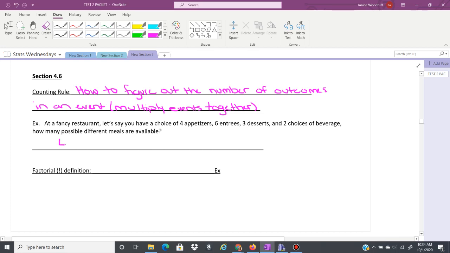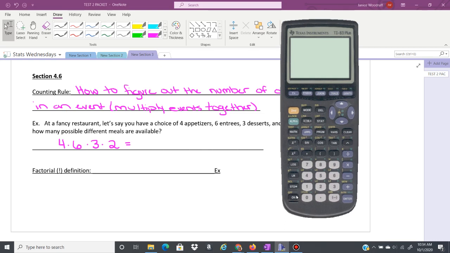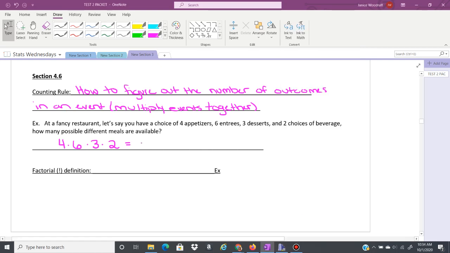So you have 4 times 6 times 3 times 2. We would just multiply all of those together, and that gives us 144 different combinations that I can make. So there you're just multiplying.